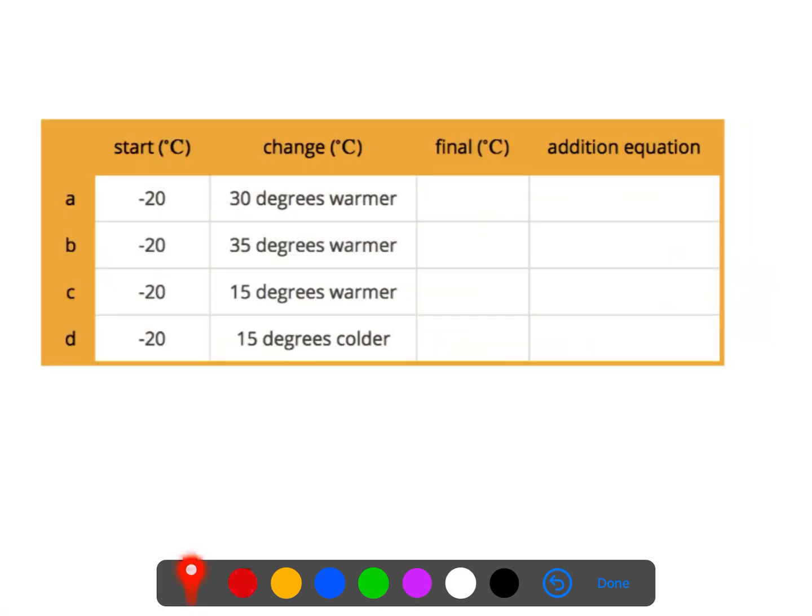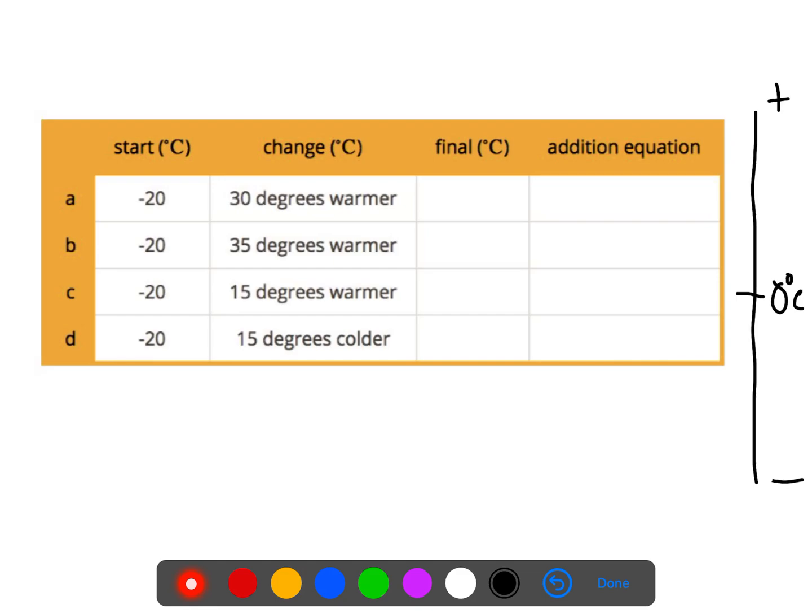All right, let's move on to the next part. Here we're starting at a different temperature. Here we're starting below zero. In some cases we're getting warmer, and in others we're getting colder. So probably again a good practice to draw our number line with 0 in the center, and we have our positive and negative here.